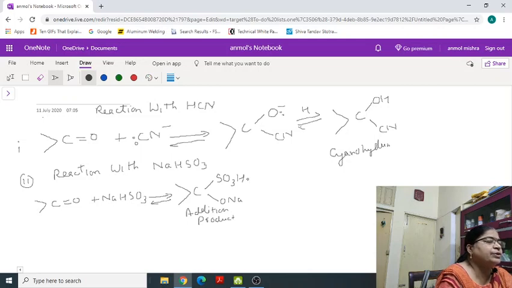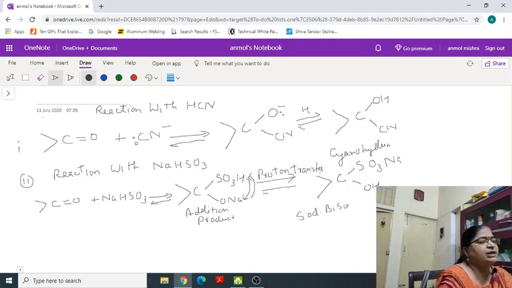Again, proton transfer takes place, and it forms the sodium bisulfite addition product.